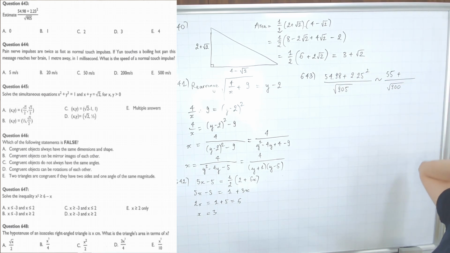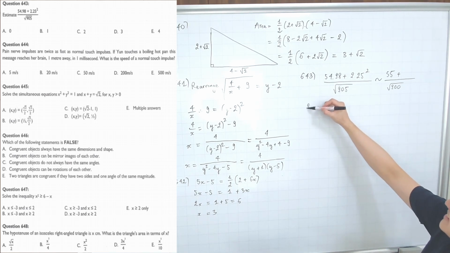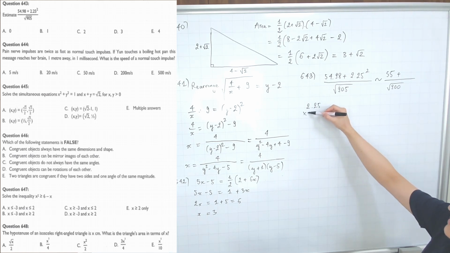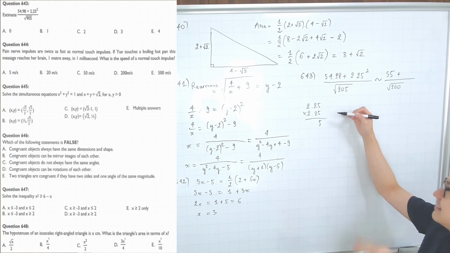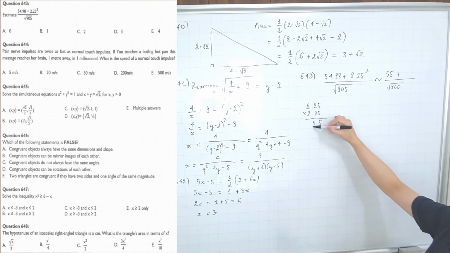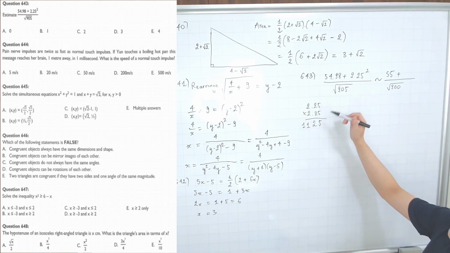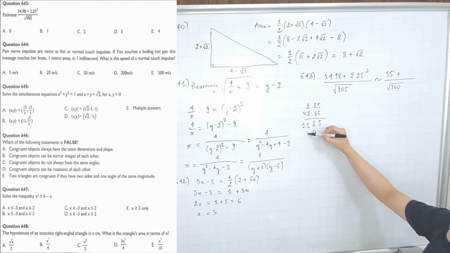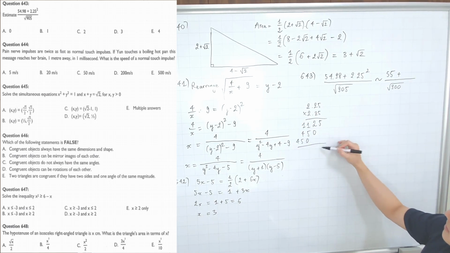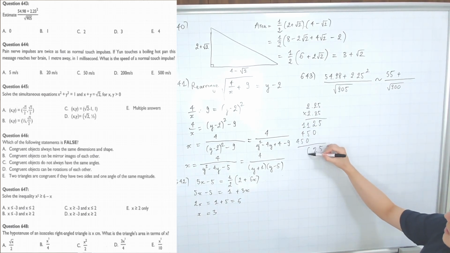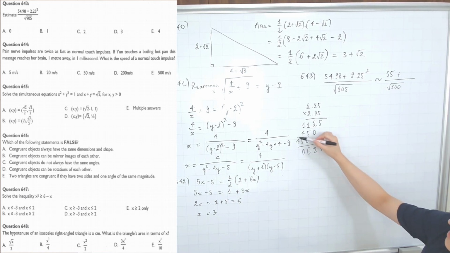How about this number? 225. 225 squared. Okay, fine. Let's just take 225 squared.